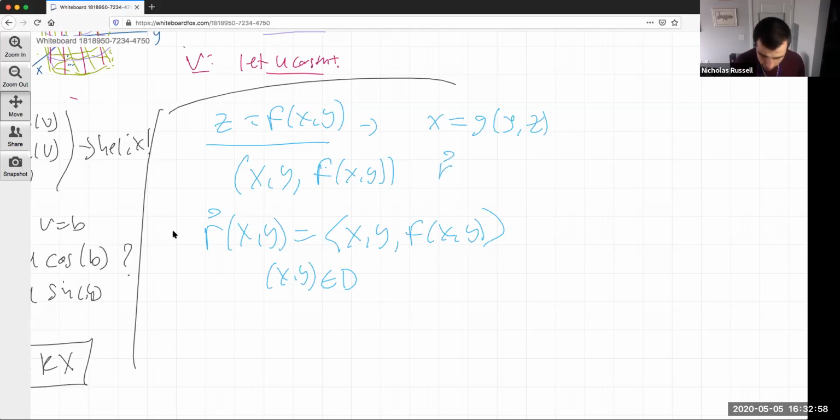I can describe all the points in terms of y and z, where I would let x be equal to a function g of y, z, and then this would be y and this would be z. So I can describe all the points this way. If it's explicit like that, it may be beneficial for you to do that.